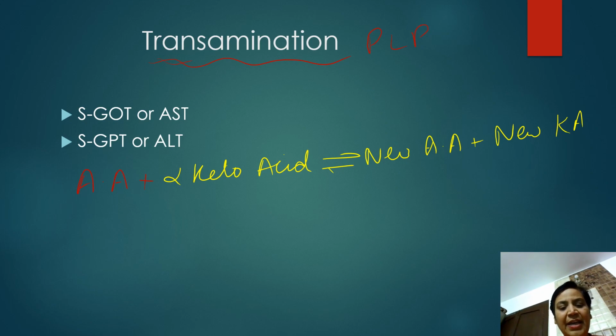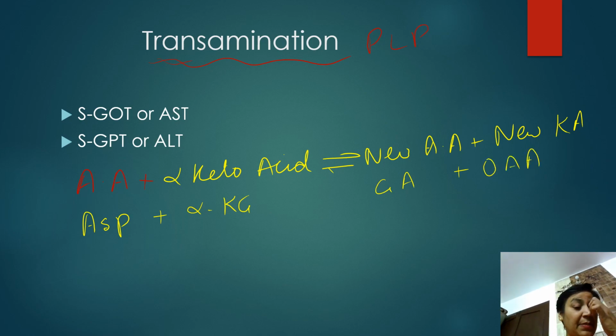For example, if we take SGOT or aspartate transaminase, the amino acid here is aspartate, alpha keto acid is alpha ketoglutarate, the new amino acid which is formed is glutamic acid, and the new keto acid which is formed is oxaloacetic acid. And the enzyme is SGOT, S stands for serum. This is typical transamination.